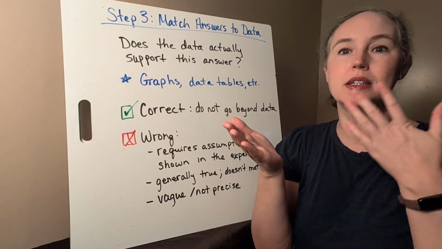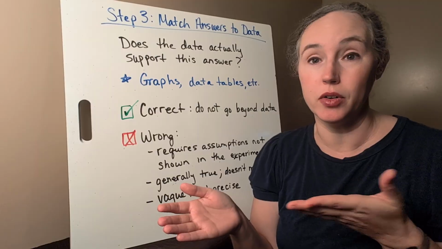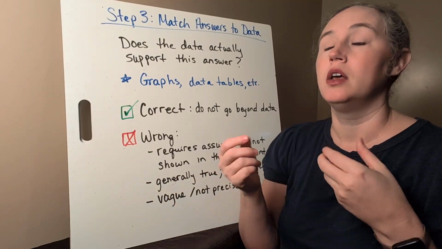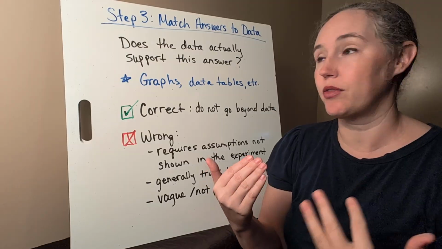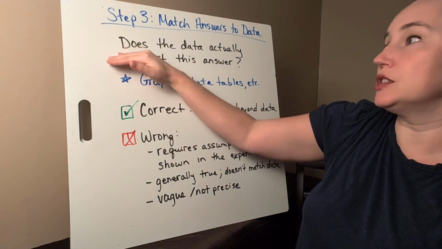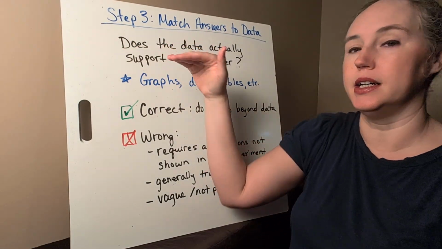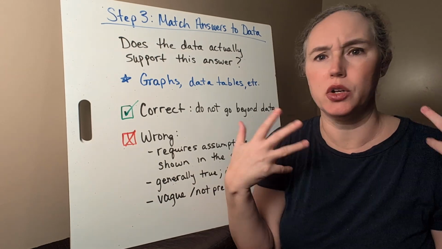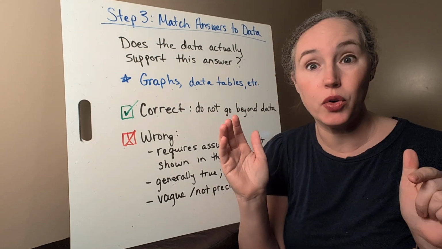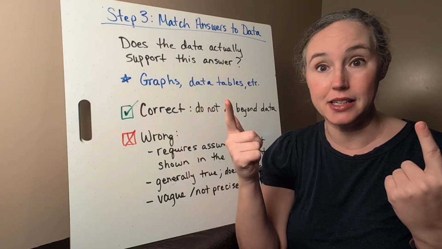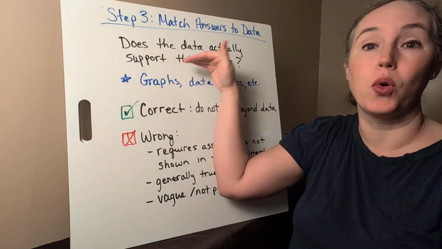But it's a con because sometimes you get freaked out if you don't know what something's talking about. If they give you an experiment, a data table, a graph, ask yourself, does the data, not just my general knowledge of the topic, but the data given in the graph, the picture, or the data table, support my answer?